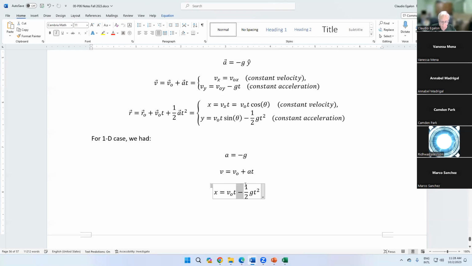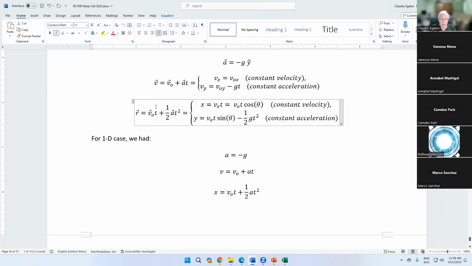And I want to put the more generic equation here. Let's not forget that r naught is 0, right? Don't forget that r naught is 0. So let me erase that. This equation here is not much different from this equation here, right? The only difference is that it's a vector. This equation here is not much different from this equation here, right?